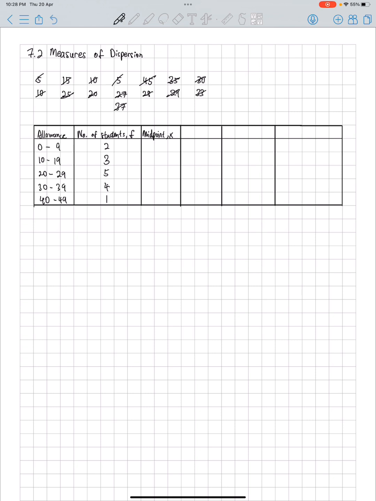So 0 plus 9, which is 9, divided by 2 is 4.5. Then for the second row, that is 14.5, 24.5, 34.5, and 44.5.